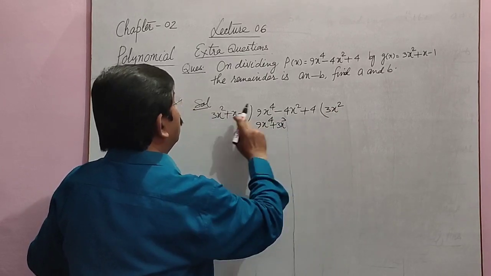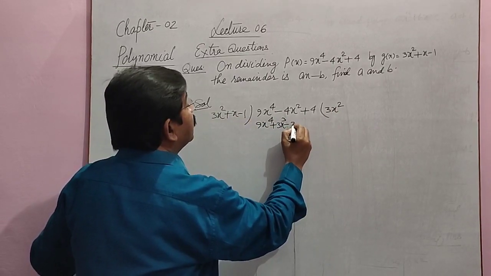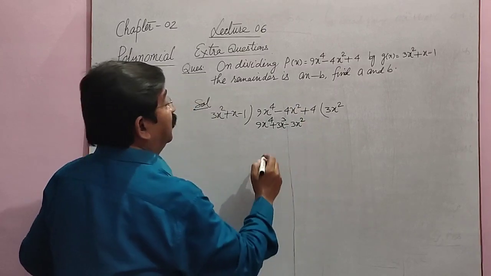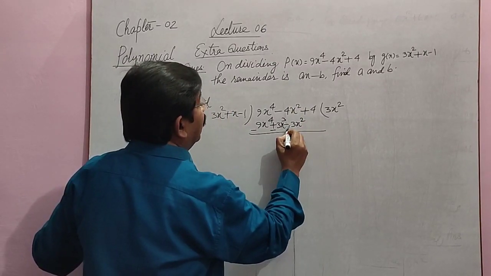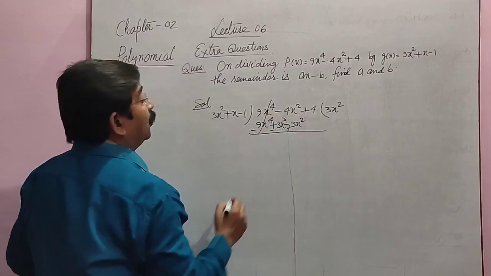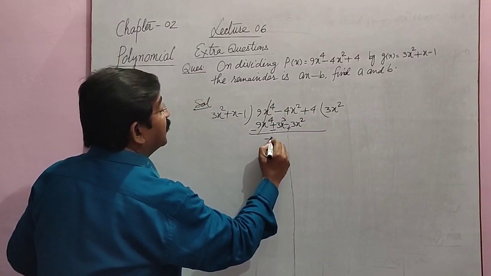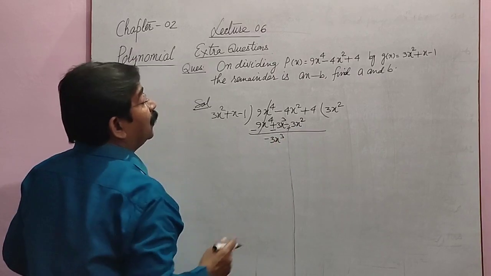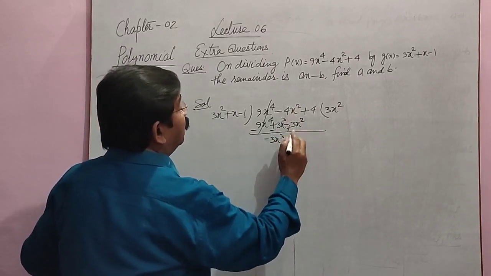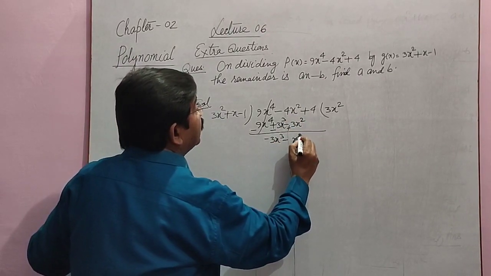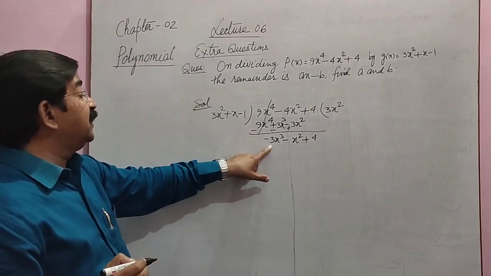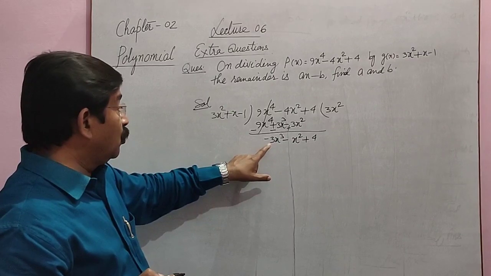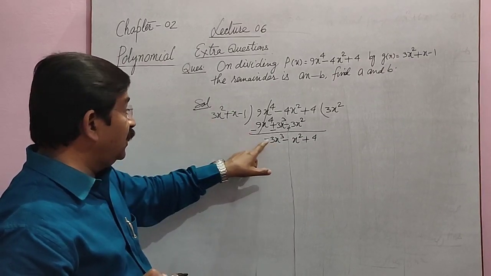And 3x square into minus 1, minus 3x square, with like term, and subtract: minus minus and plus. This will go. This minus 3x cube is alone, plus 3x square minus 4x square means minus x square, and plus 4 is left.